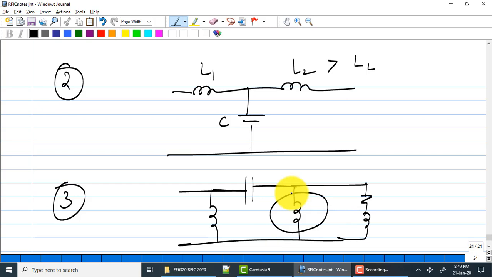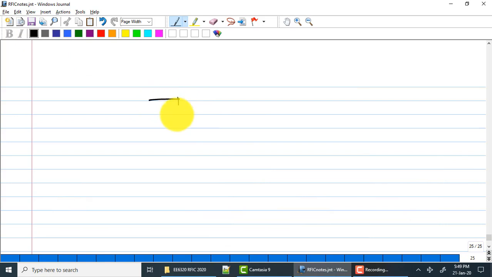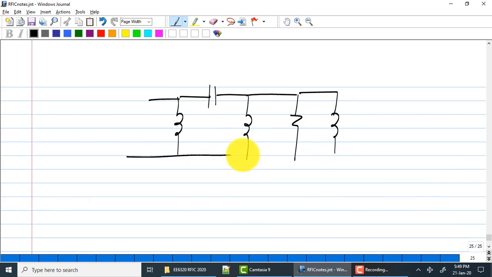Are you able to see this? So what I would do, so L1, C, L2. So let me try to move it on the next page. This is my transform network. Okay.